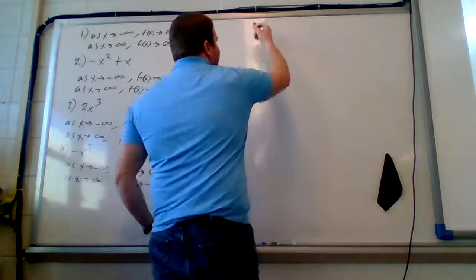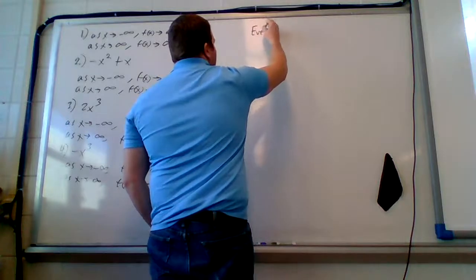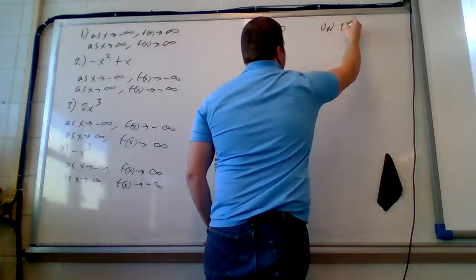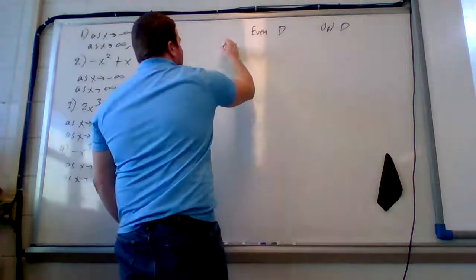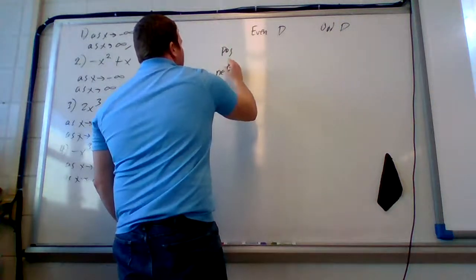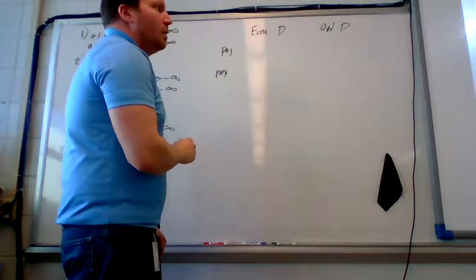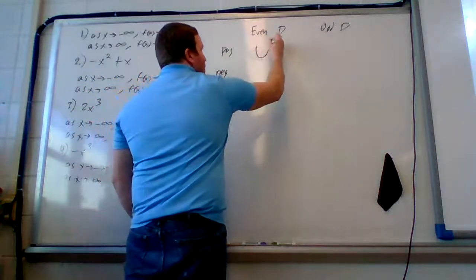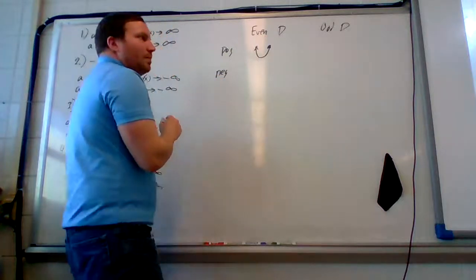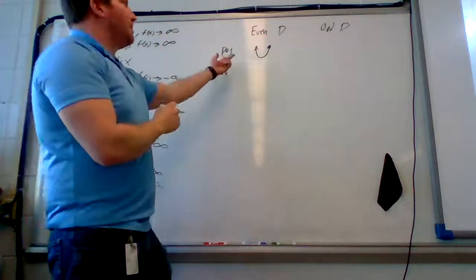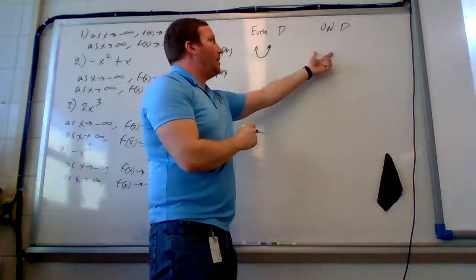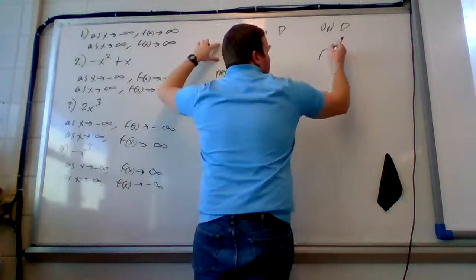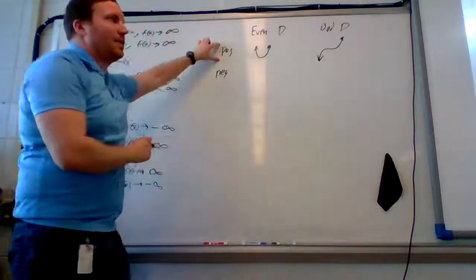If we have an even degree, this is positive, negative. So even degree and it's positive, it's going to be U-shaped, opening up. Okay. If it's odd degree, positive, going to have that S shape.